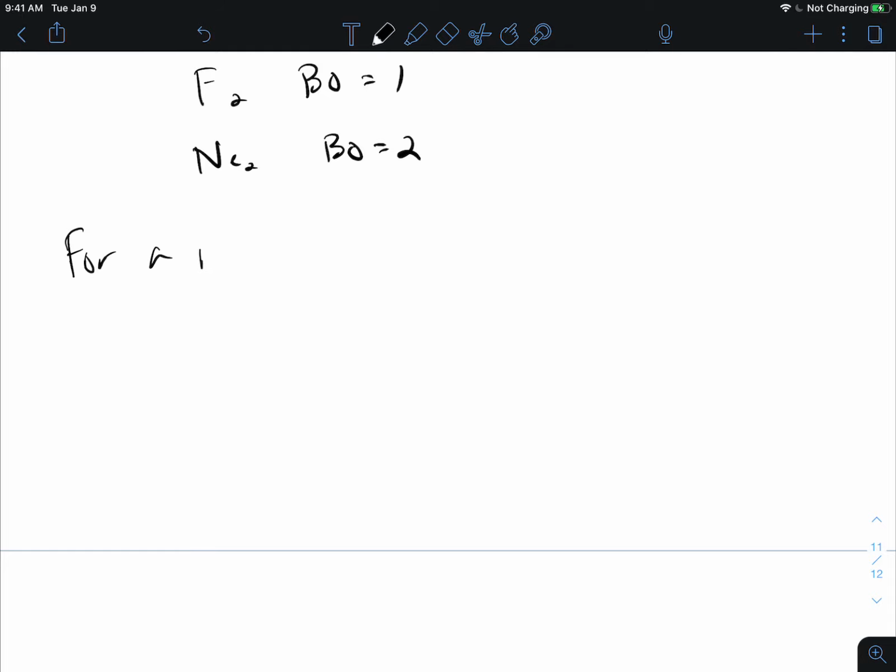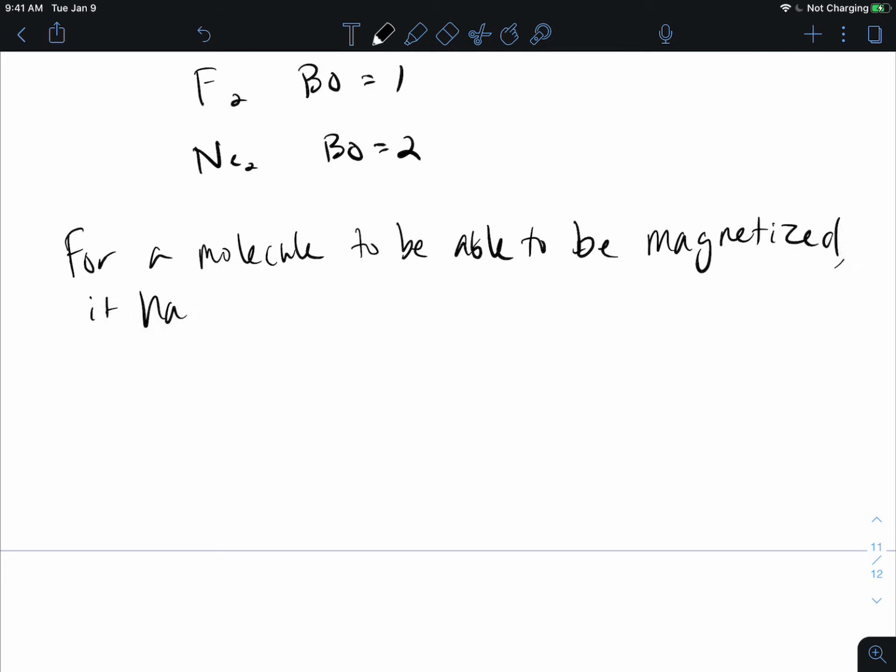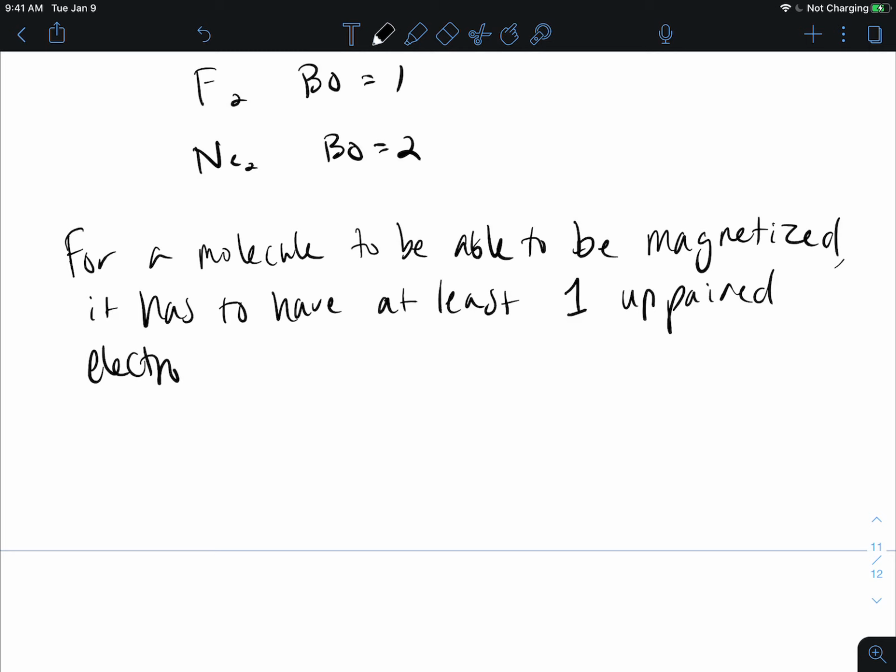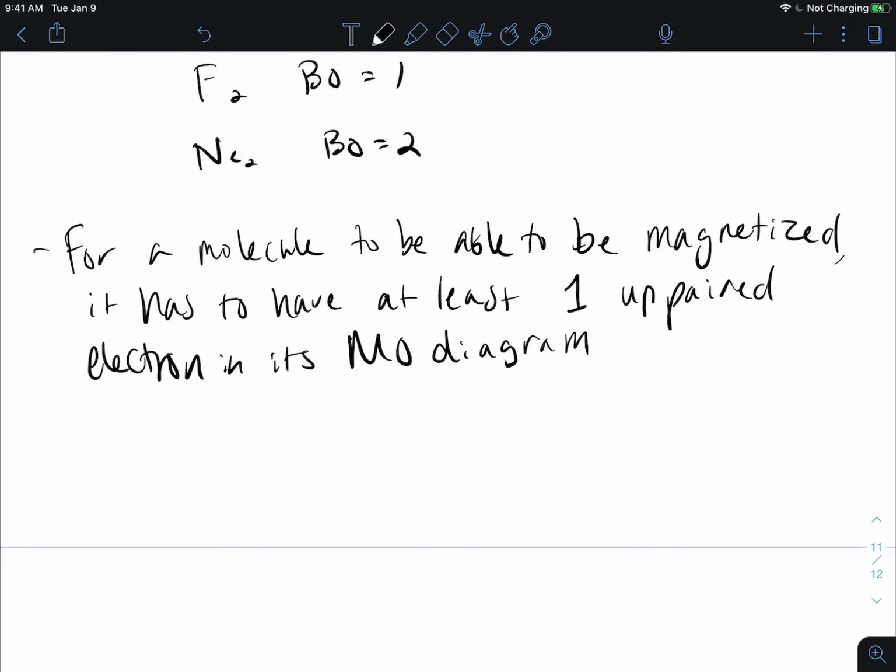So for a molecule to be able to be magnetized, it has to have at least one unpaired electron in its MO diagram. So that electron, that spin, can basically align with the magnetic field.